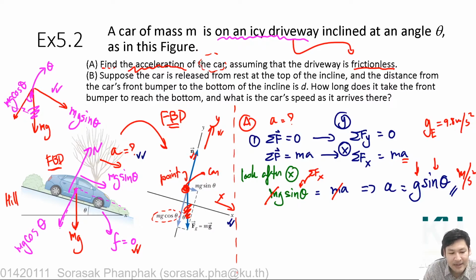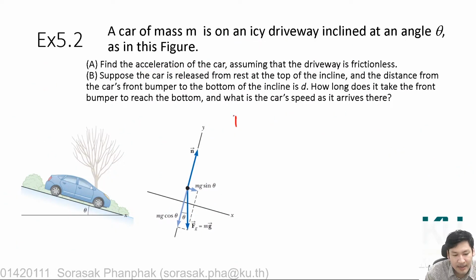So not only finding the a, suppose you release this car from the rest, figure out about this on the incline and stationary plane. How can you further investigate to another information we will look after on the B part? For B, if this car is moving from the rest state, that means the initial velocity is 0, and it's moving for a distance d.